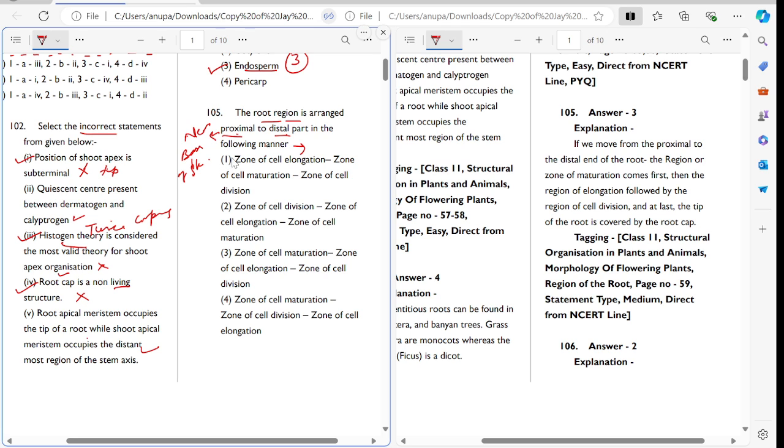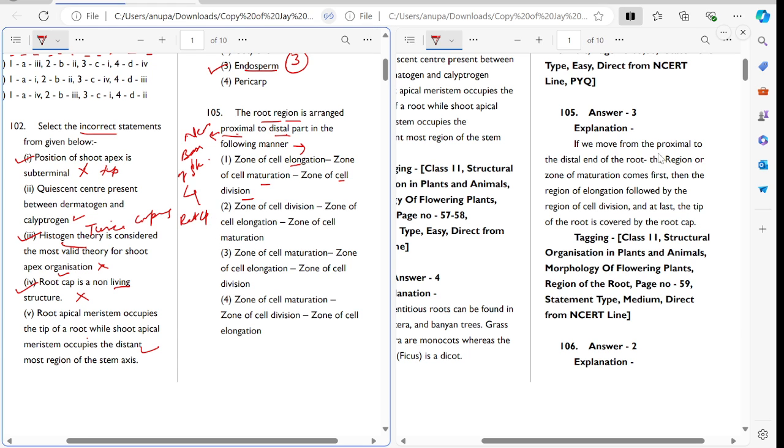So we know that in root there are four types of regions present. That is root cap, region of cell elongation, region of cell maturation, and region of cell division. Now we have to identify in which manner all these regions will be arranged.